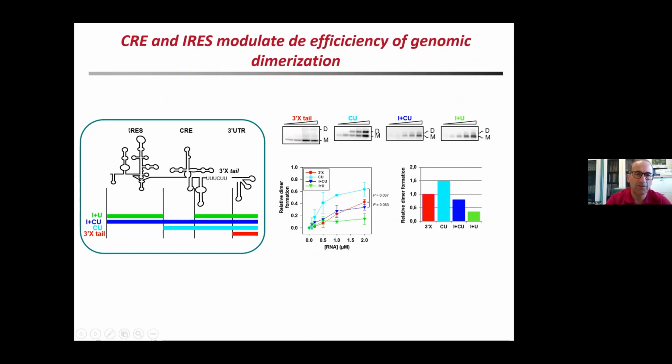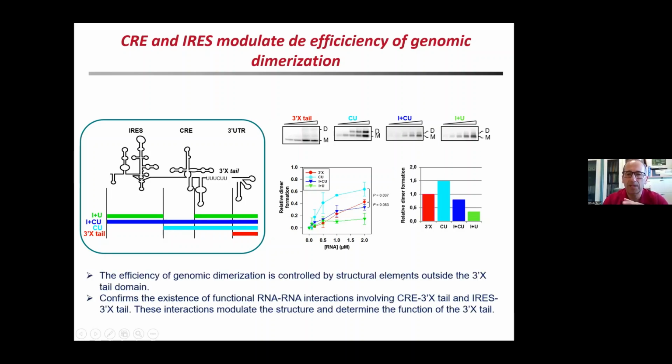Whereas the presence of the 5' end of the genome results in an inhibition of this dimerization, which is even more evident when we remove the enhancer, that is the CRE element.